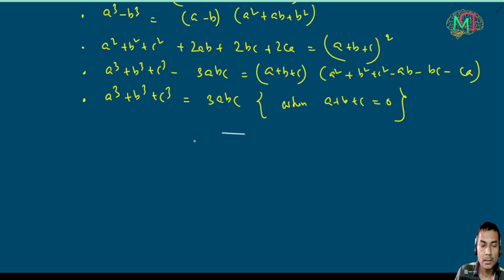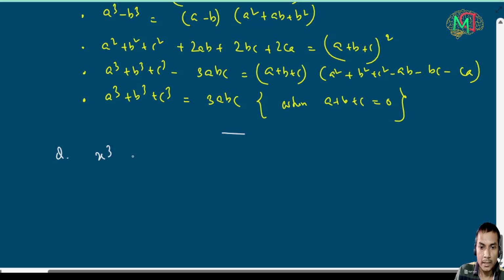You have to remember these identities to identify the polynomials before applying them. So for example, one question given: x cube minus 1 by x cube minus 2x plus 2 by x.